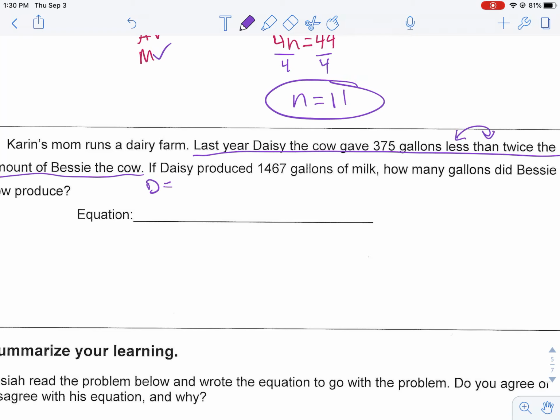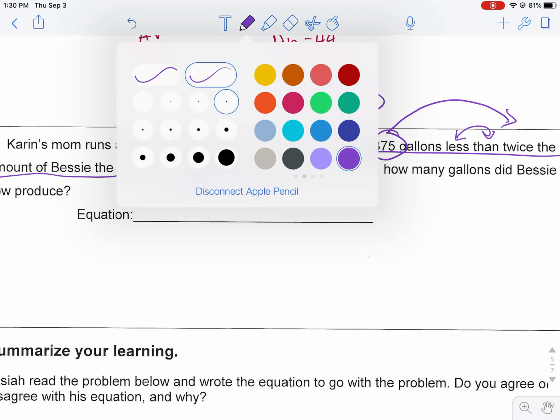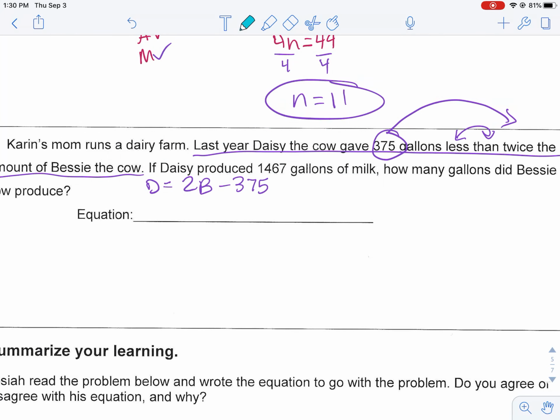Less than is a turnaround word, so we would put a subtraction sign for less. And then because 375 was in front of the word, it's going to go behind. Twice Bessie is what follows the less than, so we're going to replace twice Bessie with the front. Then they tell us Daisy is 1467. So instead of the letter D, I'm going to write what D equals.